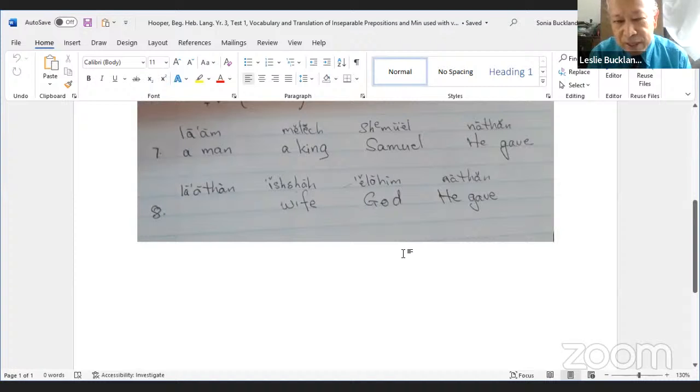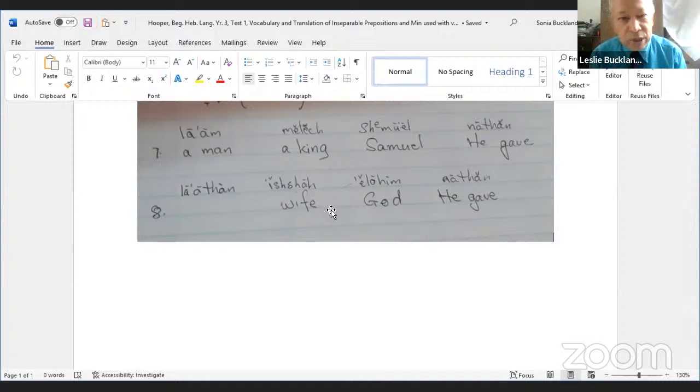Sometimes when translators look at a word and it has more than one possible meaning, they have to really look at the context and see what is really the shade of meaning of this particular word that would best fit into the context of this chapter. Okay, so you're getting into the techniques of translation.